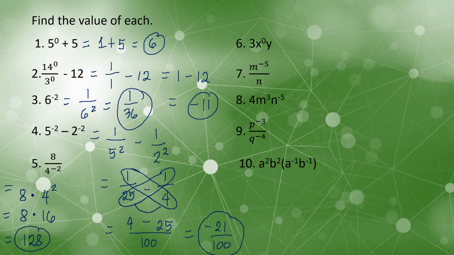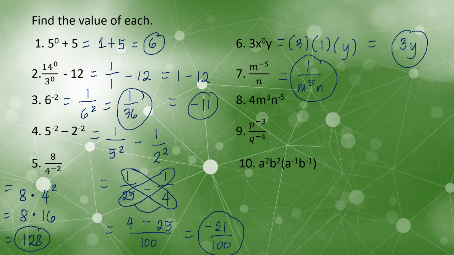Let's now proceed to number 6. We have 3x raised to 0 times y. So this means 3 times the value of x raised to 0, which is 1, times y. So we have 3y. Next, m raised to negative 5 over n. It becomes 1 over m raised to the 5th power n.